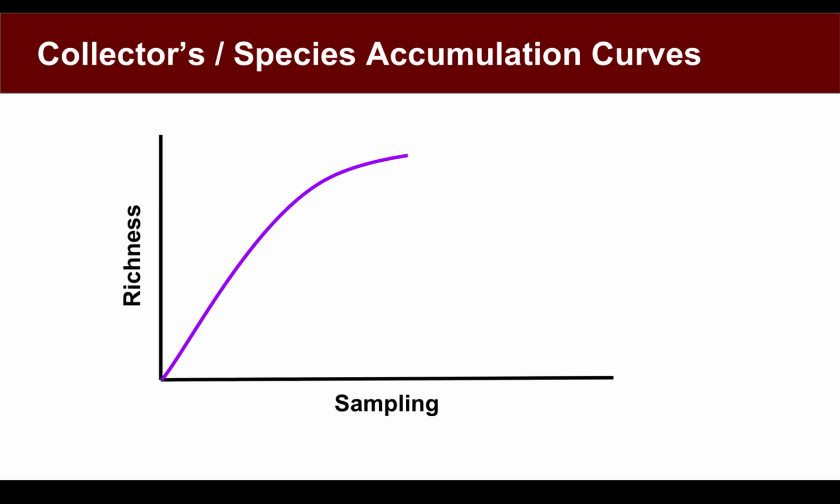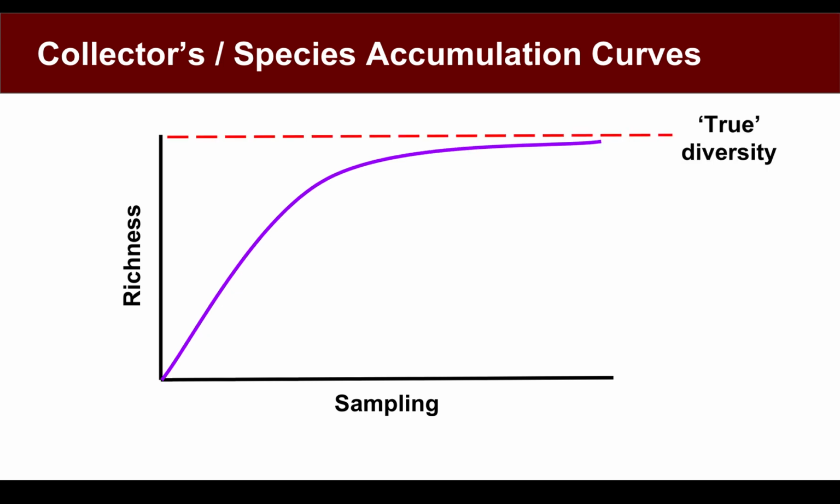New species or new taxa tend to be relatively rare. And by the time we've gone back several years, we find that we're somewhat asymptoting towards some value that we might consider as being true diversity, but of course in reality it's not going to be true diversity, but the potential diversity in terms of preservation levels.